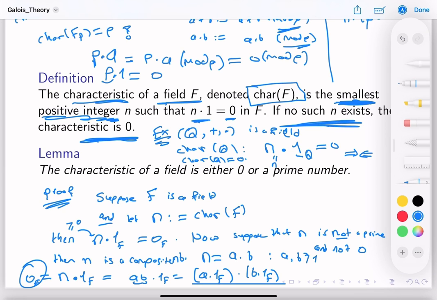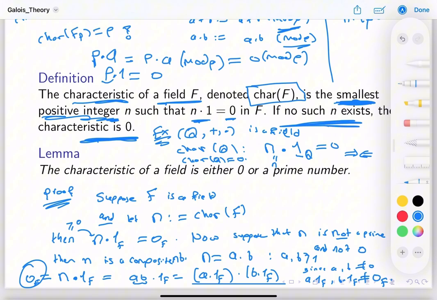Why? Because a and b are not 0, so a dot 1_F and b dot 1_F are not equal to the 0 of F. Since they're not 0, they have inverses.